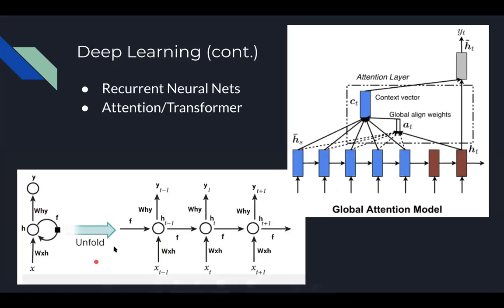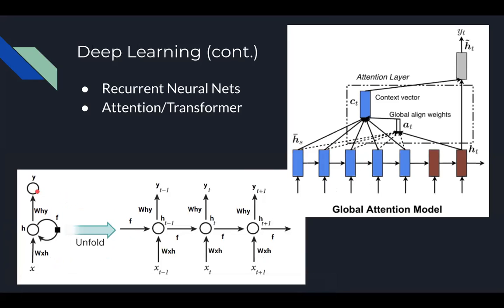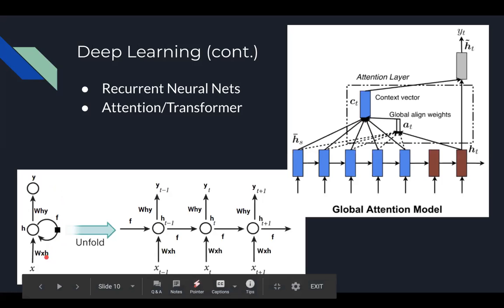So recurrent neural nets basically aim to fix that problem by allowing you to handle any dimensionality of input. The recurrent neural net basically feeds into itself. So each time you feed in a new input, it loops back into itself and takes in another input.